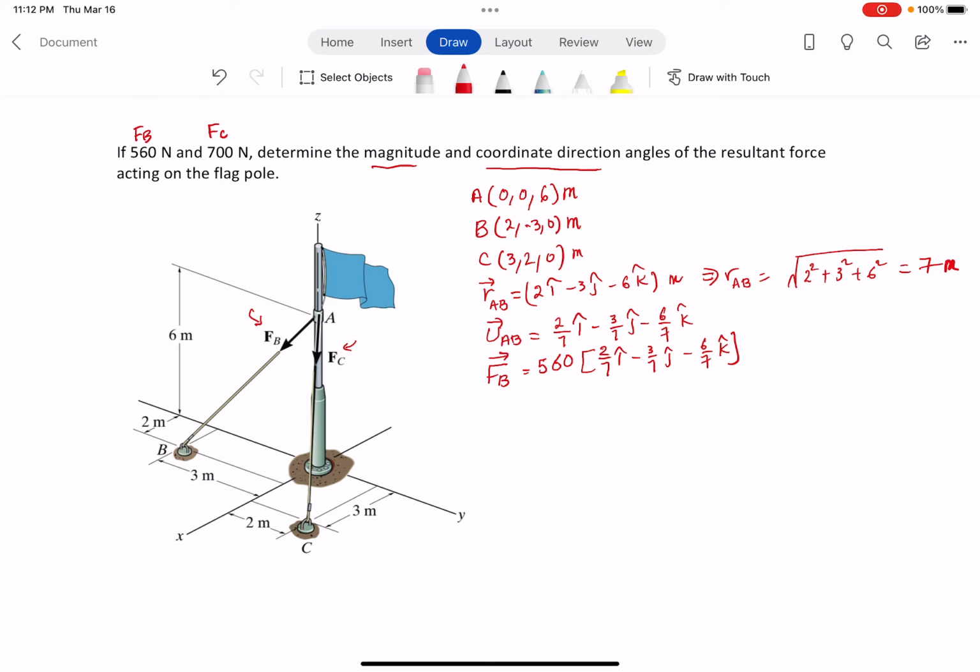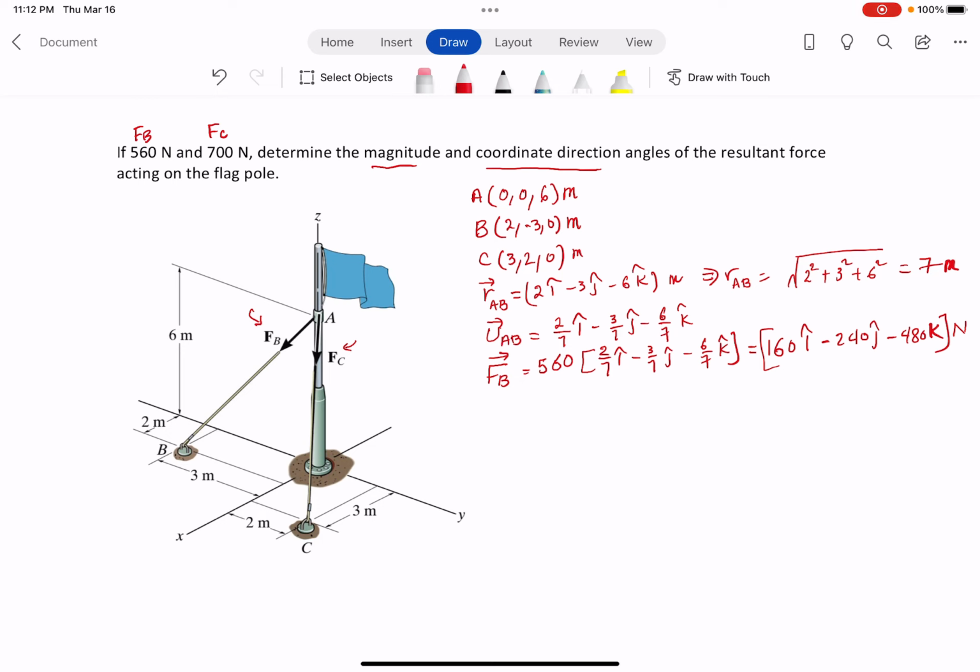When you multiply this, you get 160i minus 240j minus 480k, and the force is in Newton. So this is the force in Cartesian format.